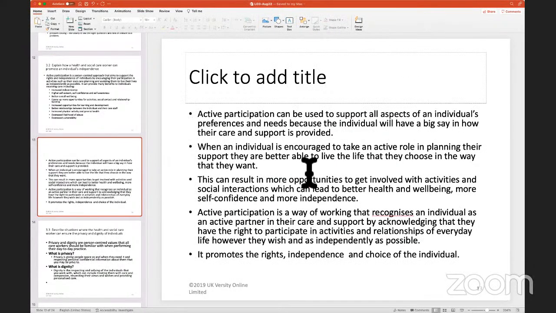Now, this particular aspect of promoting independence with individuals also means that we are looking at active participation. That means we are looking at encouraging the individual to understand their viewpoint, but also to react and respond appropriately to their situation.